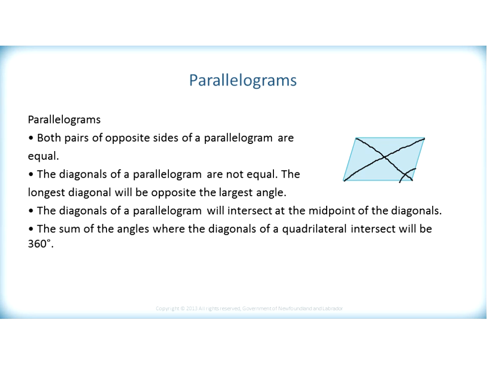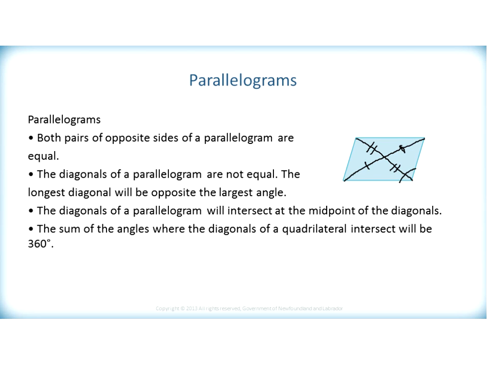Next, the diagonals of a parallelogram will intersect at the midpoint of the diagonals. So that means that this side length right here is going to be equal to this length right here, and this length right here is going to be equal to this length right here.